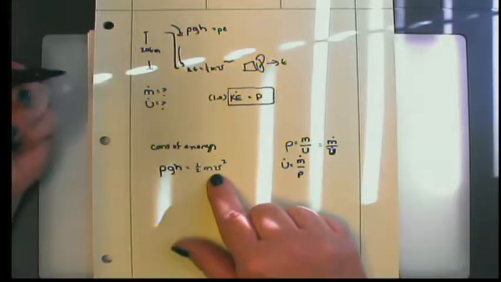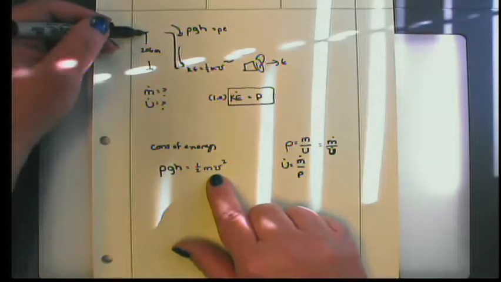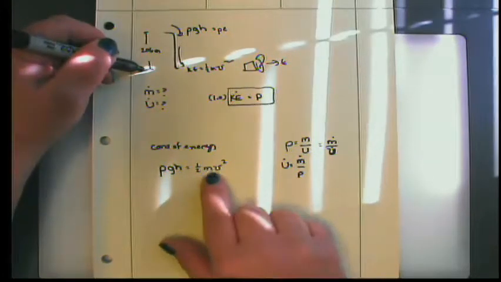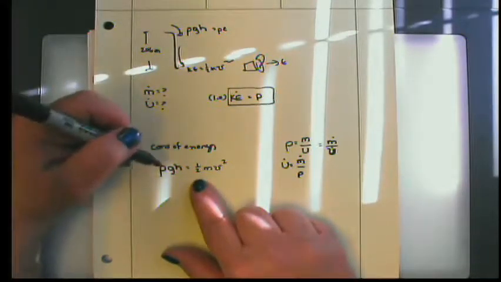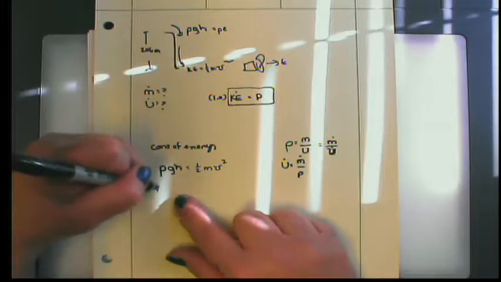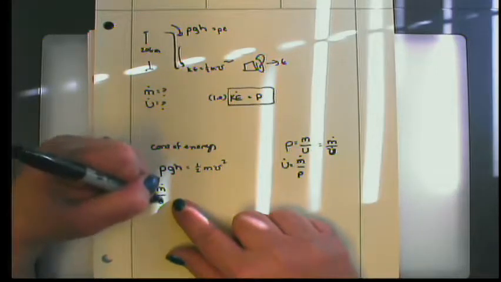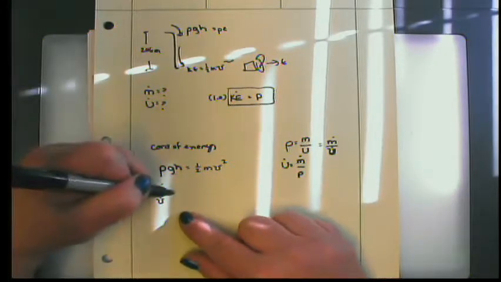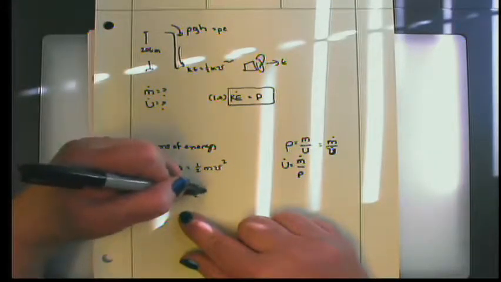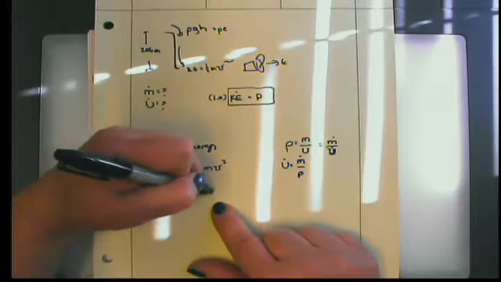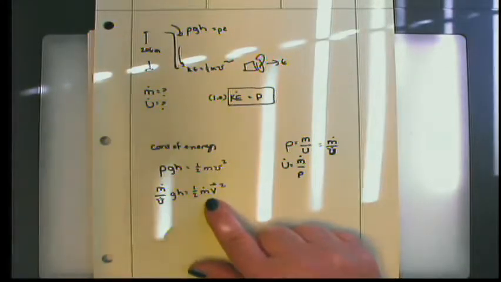So in this particular equation, we're interested in this energy being converted into potential energy. And if we talk about m dot over v dot g h is equal to 1/2 m dot, this is velocity squared, isn't it?